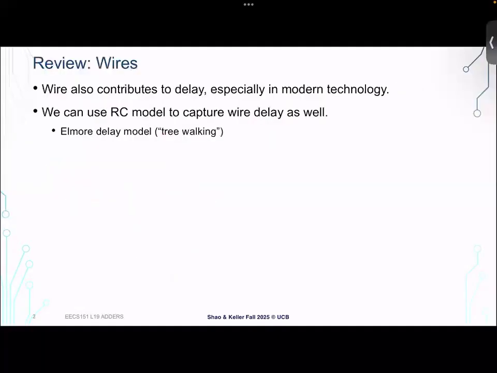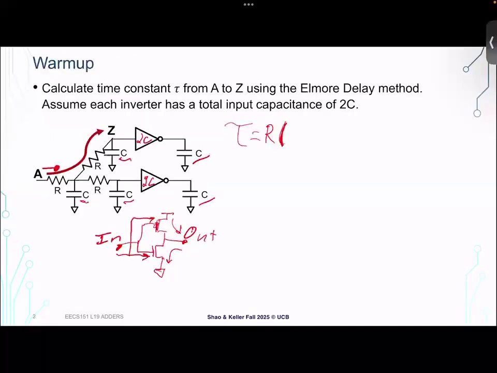So this is a little bit different than what we looked at in the previous example in the previous lecture, because current cannot flow from the input to the output of these inverters. And so these capacitances at the end are not actually downstream according to our Elmore delay definition. A little tricky.